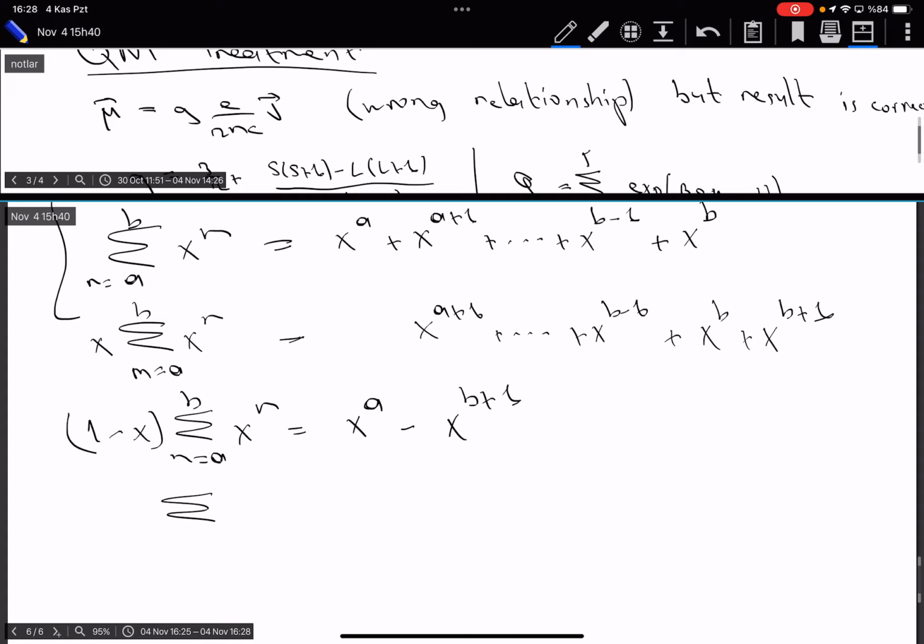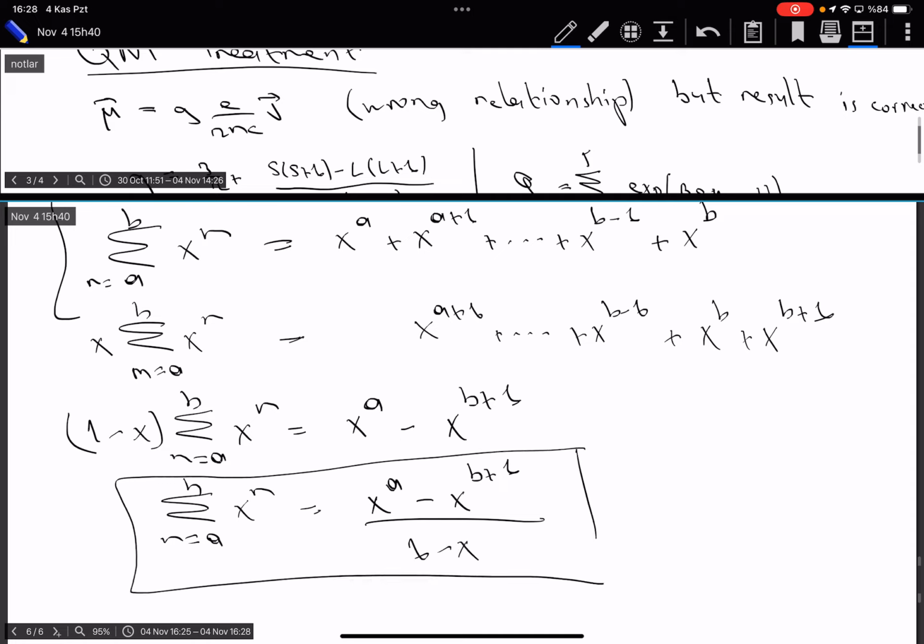So this sum is x to the power A minus x to the power B plus 1 divided by 1 minus x. Now, if you don't remember, just learn how to derive. You see, the derivation is just a couple of lines.